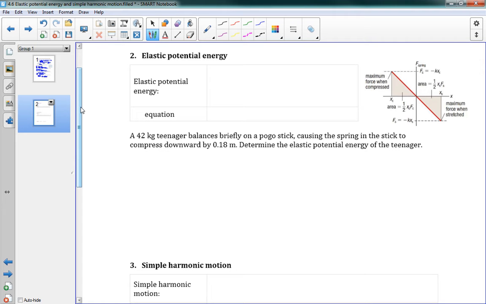So this is the potential energy due to stretching or compressing an elastic material.